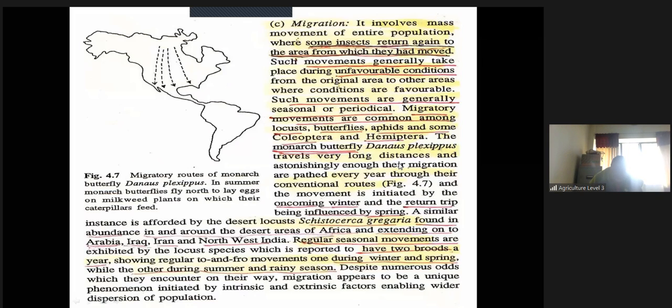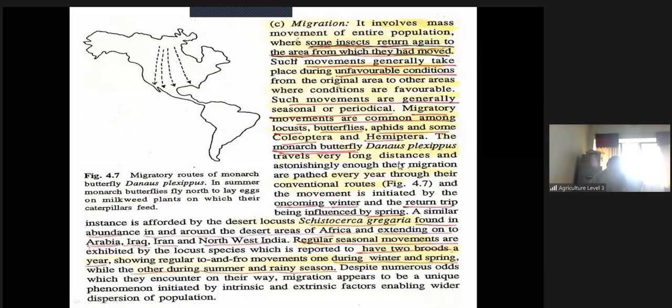And where are these migratory insects present? Locusts are migratory. Butterflies, migratory. Aphids, migratory. Some Coleoptera and Hemiptera insects are also migratory. And very interesting is that the monarch butterfly, Danaus plexippus, travels very long distances, and astonishingly, their migration is not always through conventional routes.